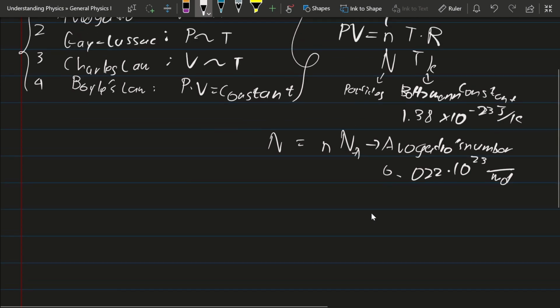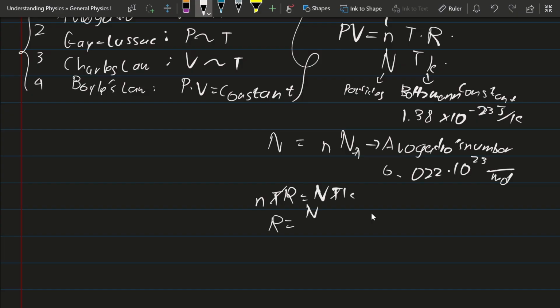And so if you actually convert from this guy to this guy, you would see that the NTR should equal the NTK as long as the P and the V remain constant. The T would cancel each other out, and you would get R to be the N over N times K, which is the NA times K, which if you actually evaluate the value, is 8.314 joules per Kelvin mole.